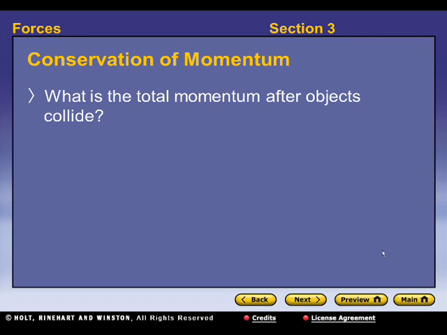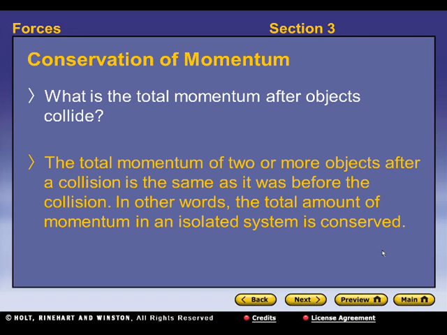Now let's talk about the conservation of momentum. What's the total momentum after the objects collide? Remember, we can study the momentum of an object before the collision and after the collision, and this is talking about after the collision. The total momentum of two or more objects after a collision is the same as it was before the collision. In other words, the total amount of momentum in an isolated system is conserved.